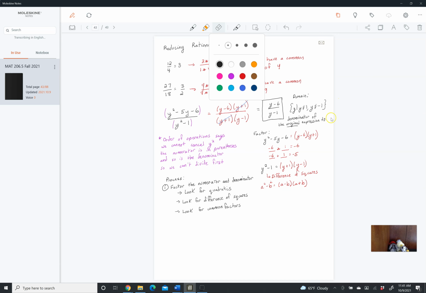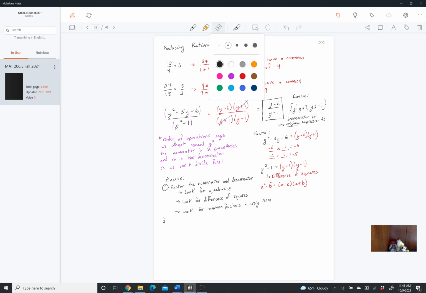This is not the case up here. Every term did not have a common factor, right? So we didn't use that. But you'll see examples of when we do use it. Okay, so these are the three major things that you're looking for.